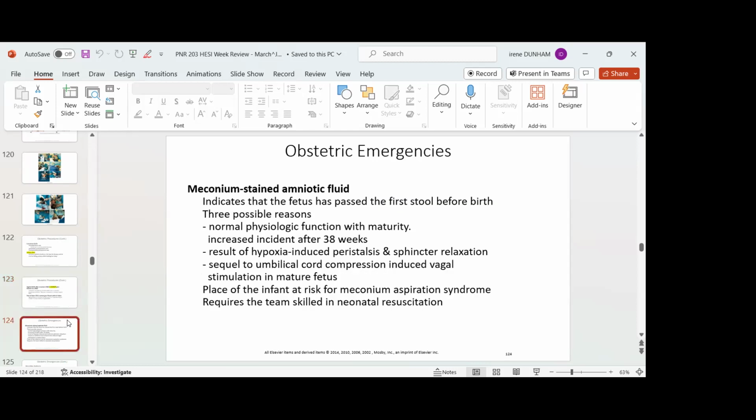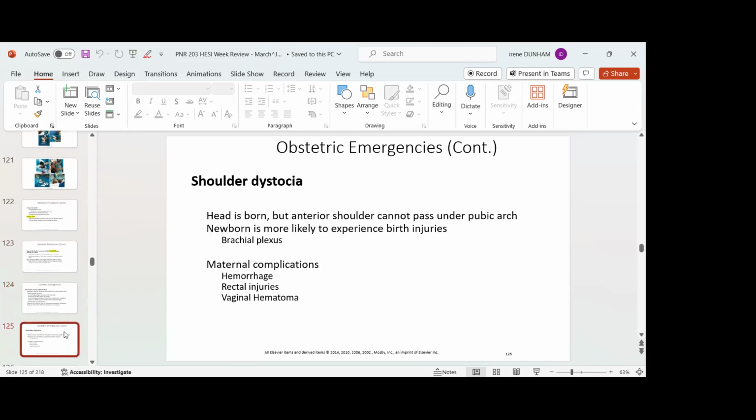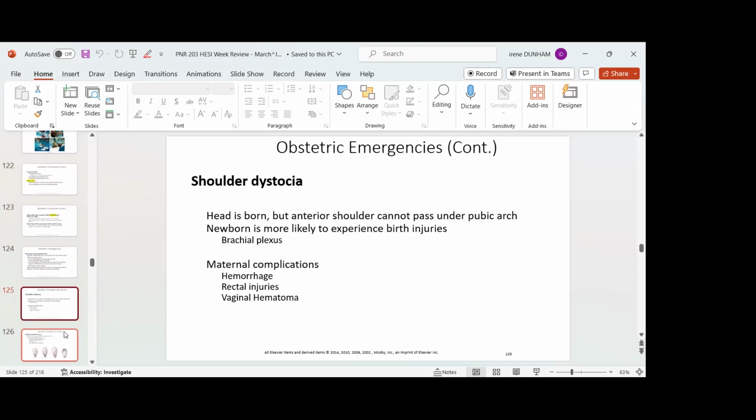We talked about amniotic fluid already, so I'm not going to go through that. Shoulder dystocia: the head is born, but the anterior shoulder sometimes cannot pass under the pubic arch. And so the newborn could have birth injuries. We always want to not have birth injuries, but it can happen.